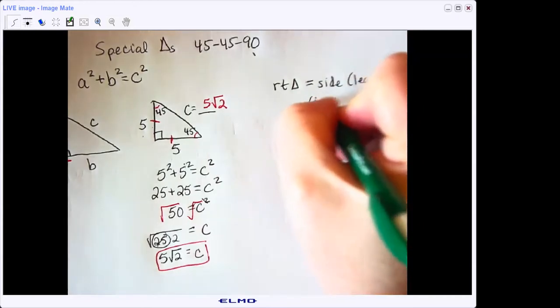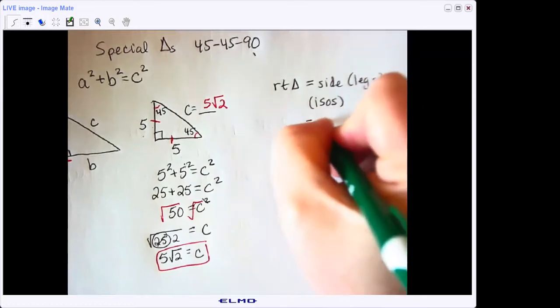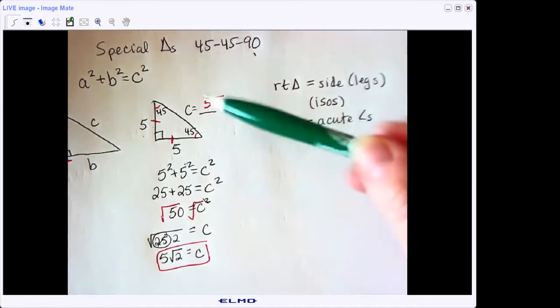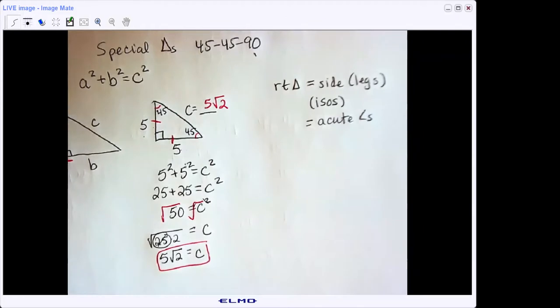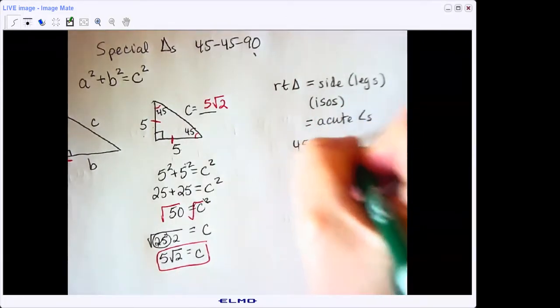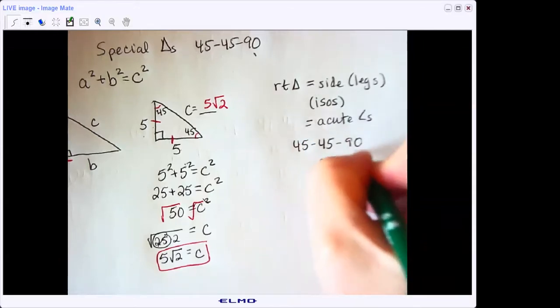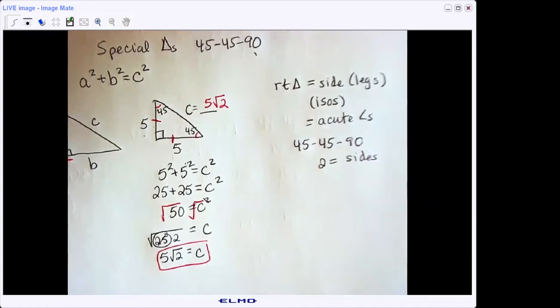This is an isosceles triangle with equal acute angles. Remember, acute means less than 90. So these two are less than 90 and they're equal. So they're both 45. That's how we get our 45, 45, 90 triangle, because it has two equal sides. That's just a summary of what we did. Let me give you a second to finish writing that.